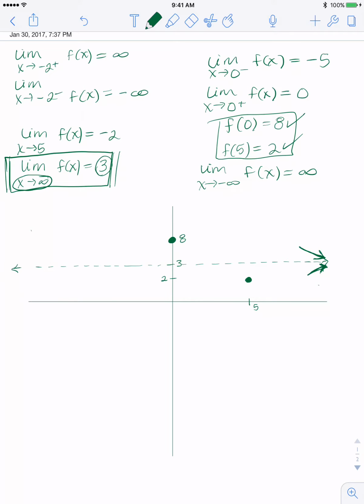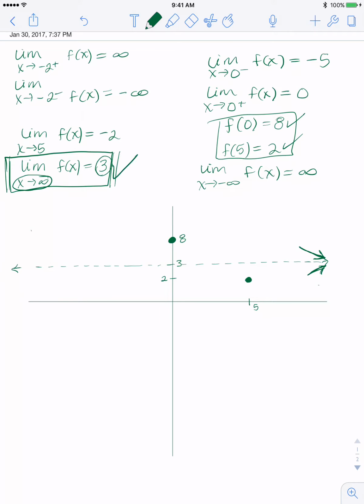So I know my function is either one of these two guys, either here or here. But I can make the decision which one I want later. I'll leave them both for now. So I've considered that property.